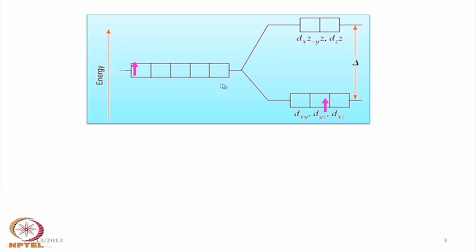For the d1 system, it can be 3d1, 4d1 or 5d1, and the electronic configuration can be labeled as T2G1. Since the other level is available, we can promote the single electron from the T2G level to the EG level, and there will be a transition with absorption, and we get the corresponding color for the compound having this electronic configuration.